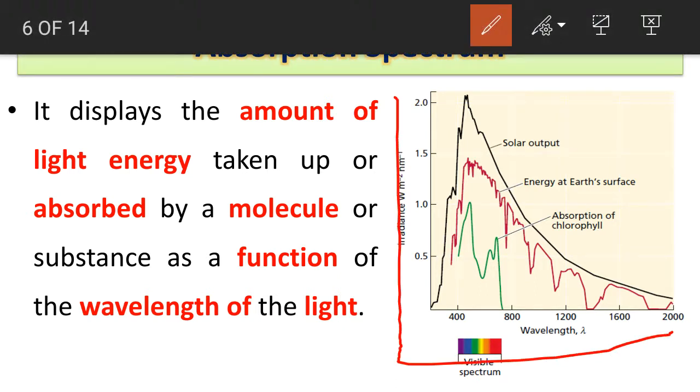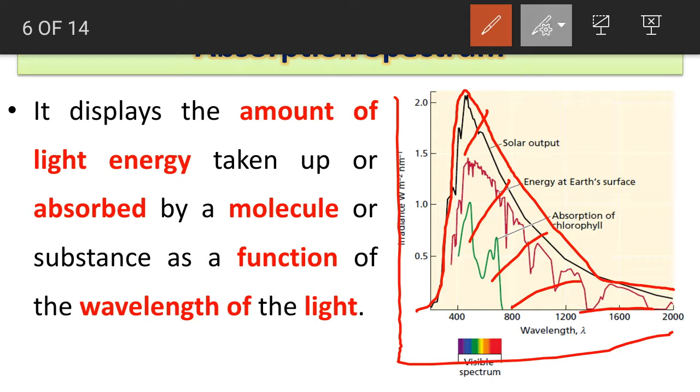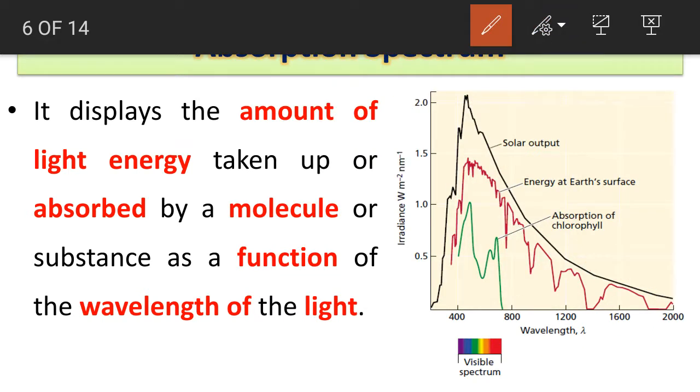In this graph, this black peak represents the solar output, that means the energy radiated by the sun. Now see this red area. This red area represents the energy which is received by the earth surface, and this green portion represents the amount of energy absorbed by the chlorophyll.